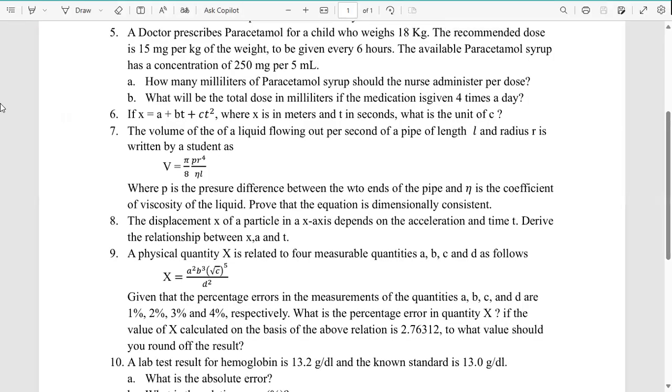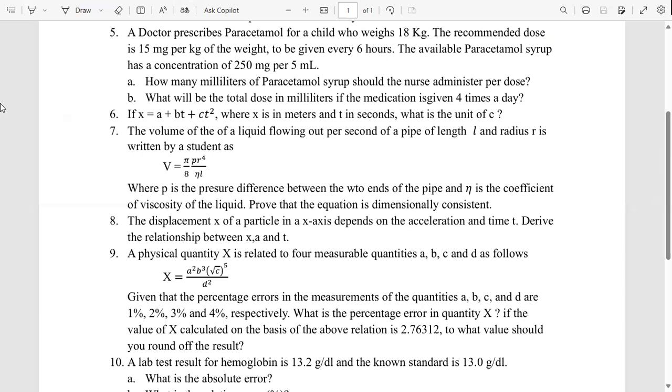Question 7 is saying the volume of a liquid flowing out per second of a pipe of length L and radius R is written by a student as V equal to pi P R to the power 4 over 8 eta L, where P is the pressure difference between the two ends of the pipe, and eta is the coefficient of viscosity.